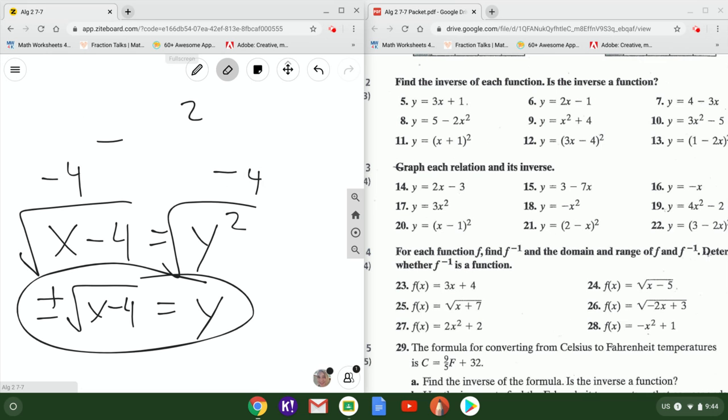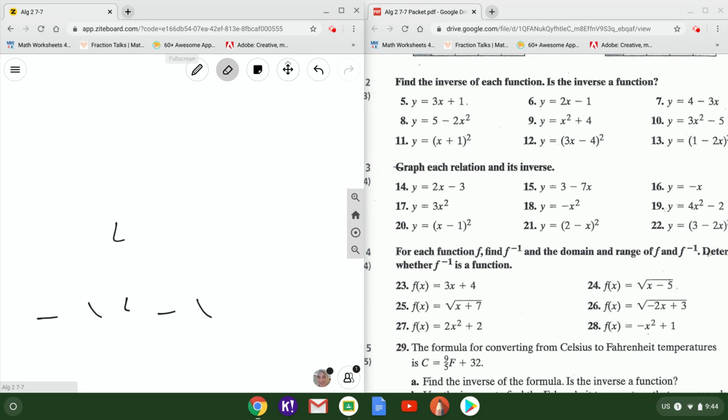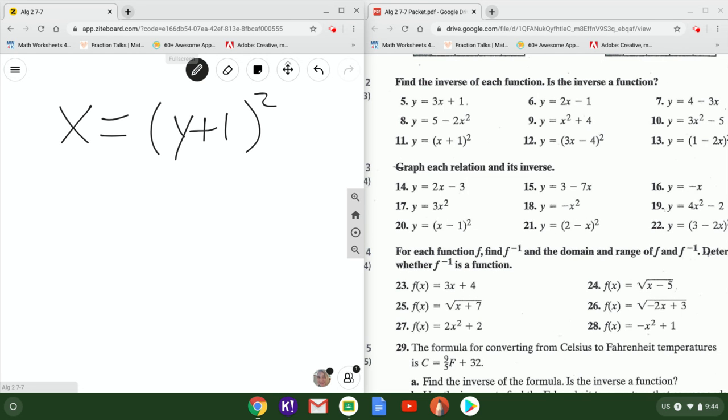Okay, so then real quick with 11, 12, and 13, that one's a little bit different because you're going to square root right at the beginning. So with number 11, I'm going to flip it. You square root right away to cancel that out.